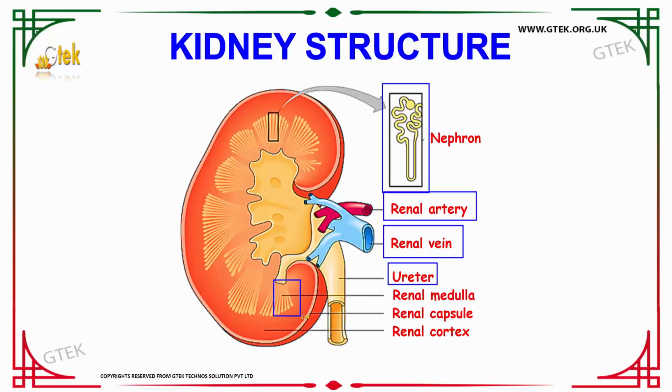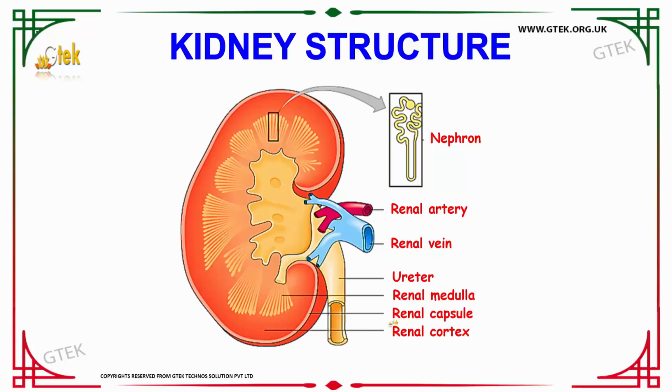The region over here is known as your renal medulla, and this is known as your renal capsule. So the soft spongy structure over here is your renal cortex. So this is the structure of your kidney.